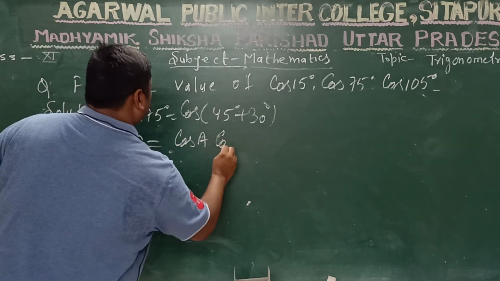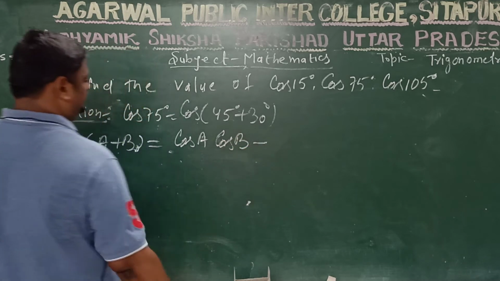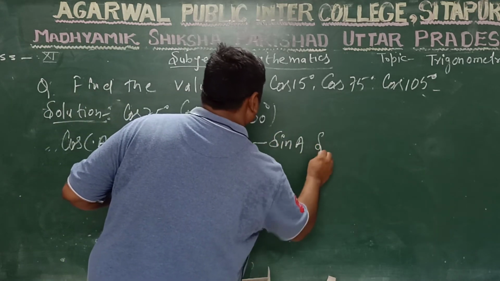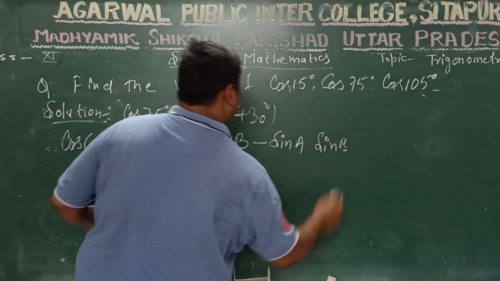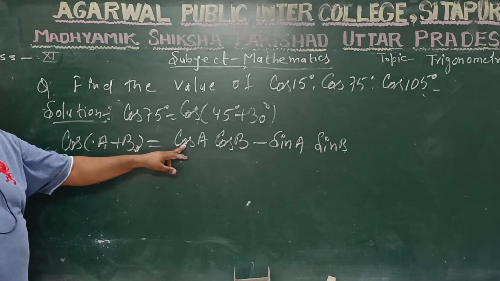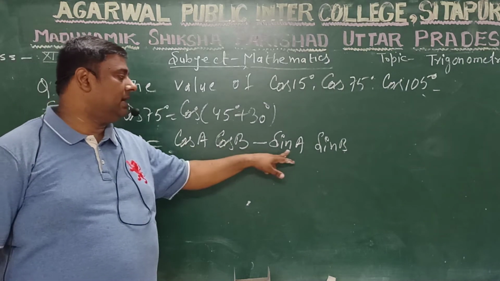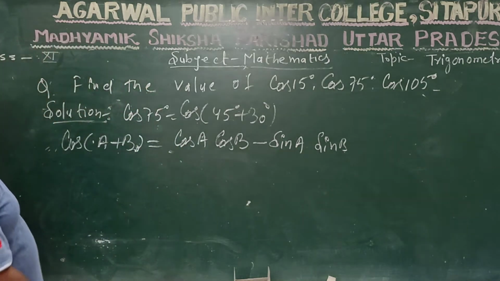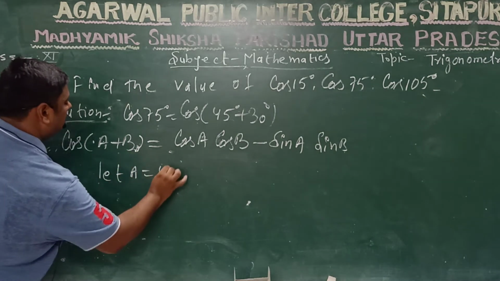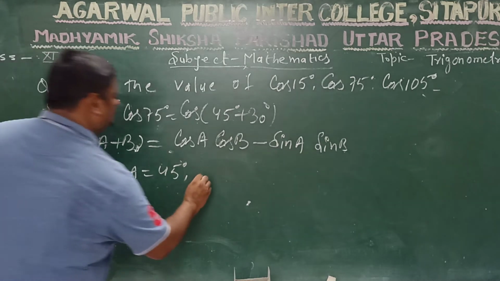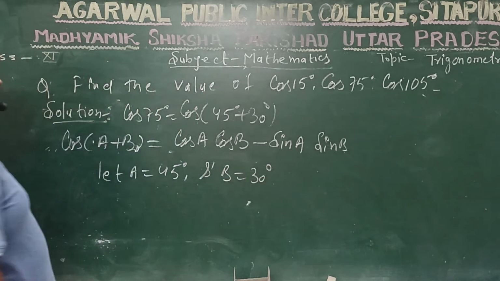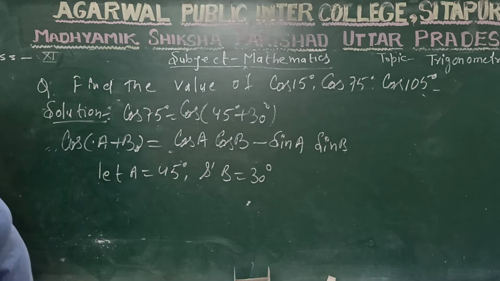Cos A cos B minus sin A sin B. Okay, cos A plus B is equal to cos A cos B minus sin A sin B. Let A is equal to 45, B is equal to 30 degree. Okay.